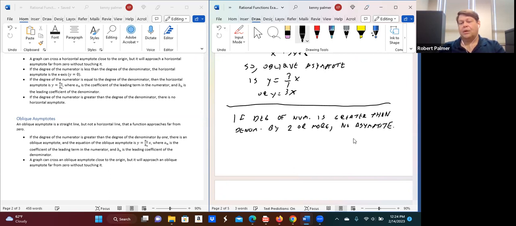So if the degree of the numerator is greater than the degree of the denominator by 2 or more, no asymptote.